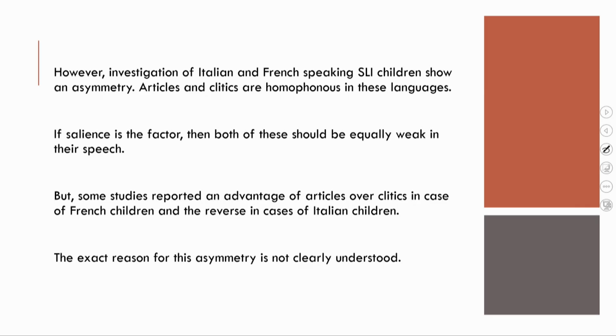Of course, this asymmetry we do not yet understand, why it is happening. So, salience at least is not the important factor here, something else is happening. We still do not really understand what is happening, but studies are going on in various other languages as well. But these are the most important findings so far.